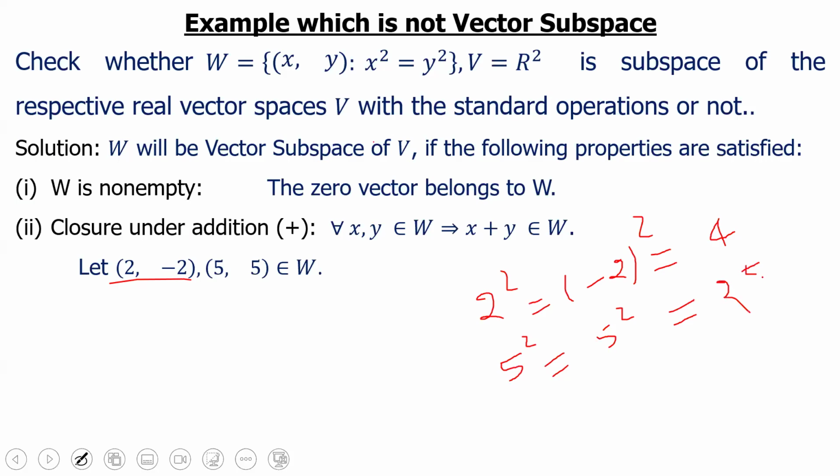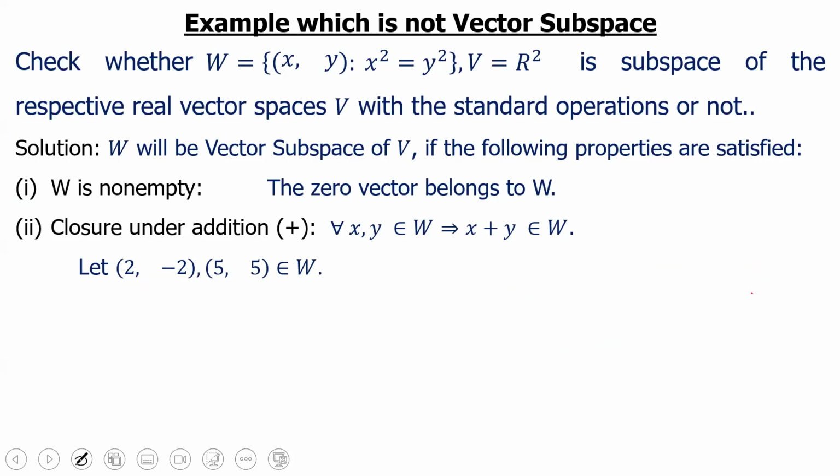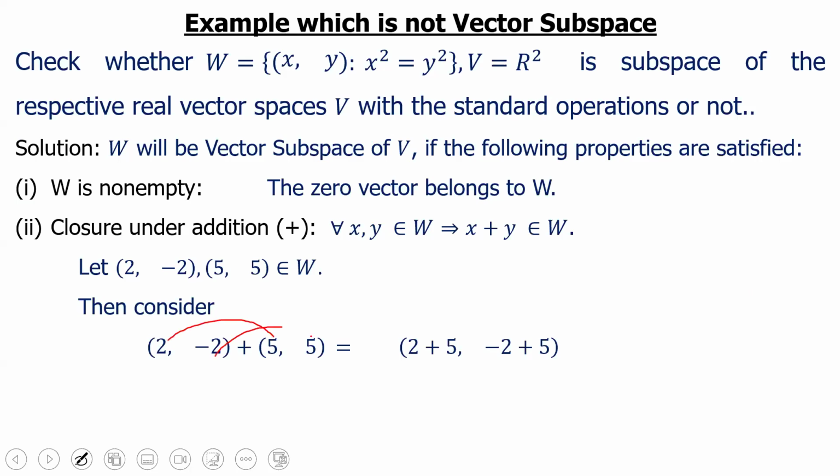So both elements are elements of W. Now let us add both elements and check whether the sum is also an element of W or not. (2, -2) + (5, 5): 2 + 5 is equal to 7, and -2 + 5 is equal to 3.